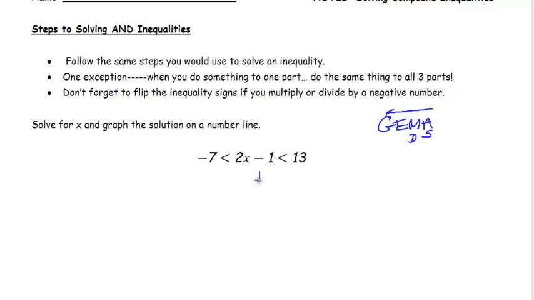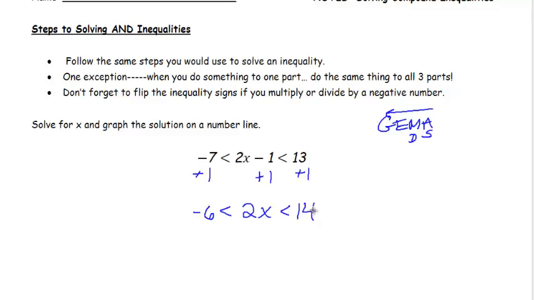I'm going to undo that by adding 1, not to one side, not to two sides, but to all three sides of this inequality. So that's a little weird, right? But we're just going to do them piece by piece. So this first piece is now a -6. The middle piece is now a 2x, and the last piece is a 14.